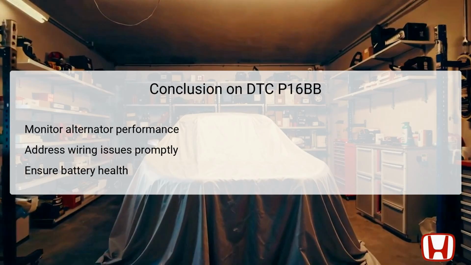After performing necessary troubleshooting and repairs, verification of the DTC is crucial to ensure the problem has been effectively resolved. By maintaining regular inspections and ensuring the vehicle's electrical components function optimally, potential issues related to this DTC can be effectively minimized. Taking these proactive measures results in a dependable and well-maintained Honda CR-V.